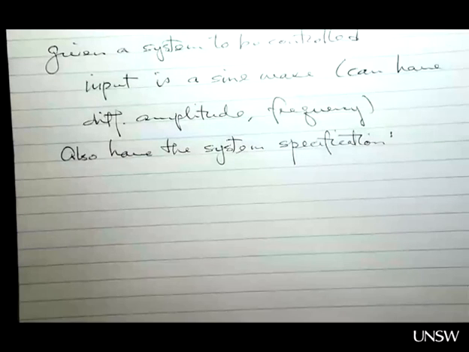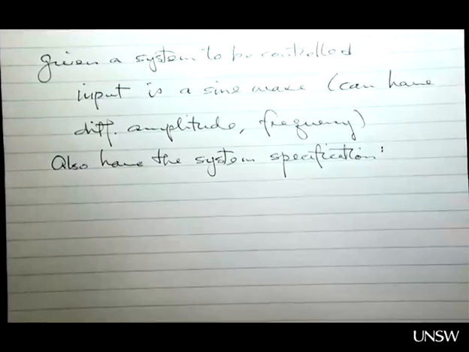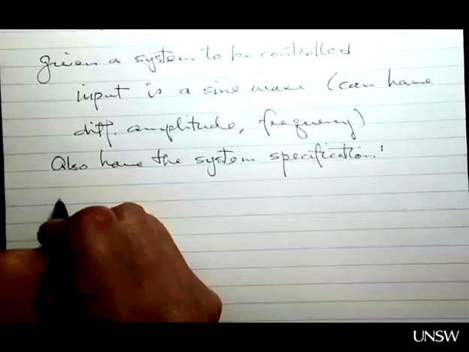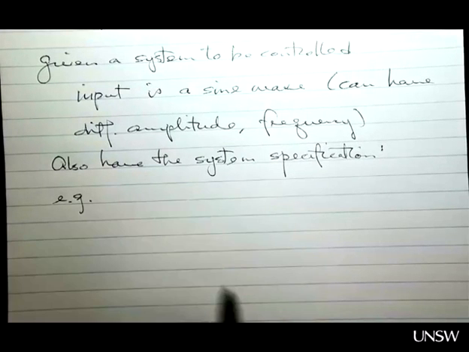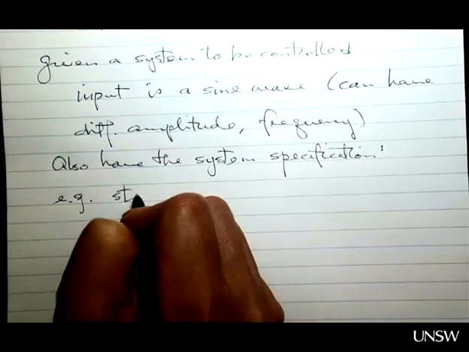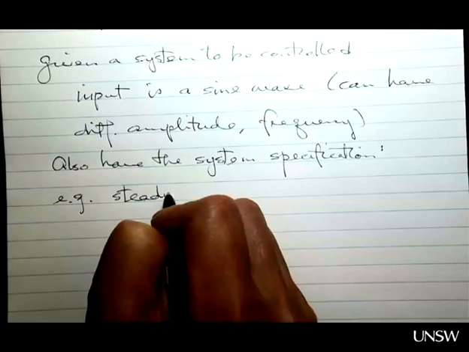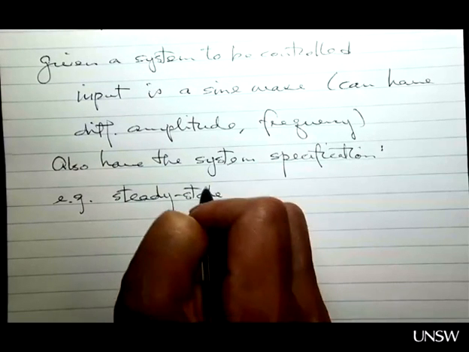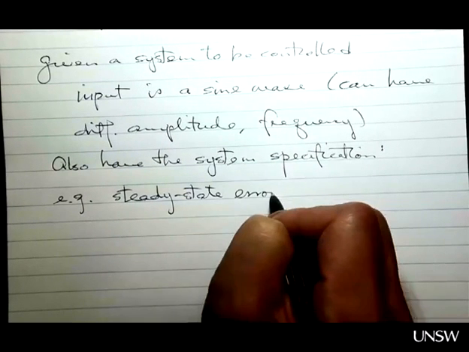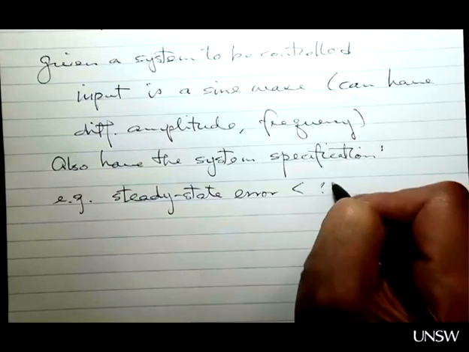For example, we may require the steady state error to be smaller than some percentage of input.